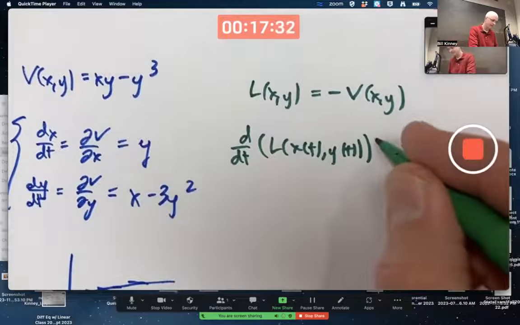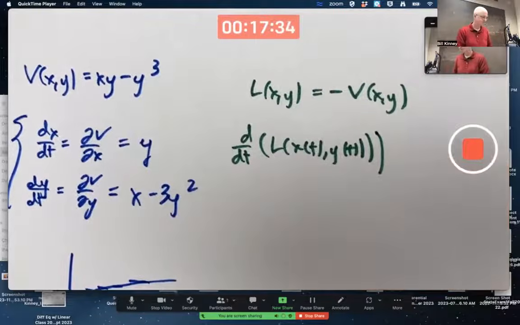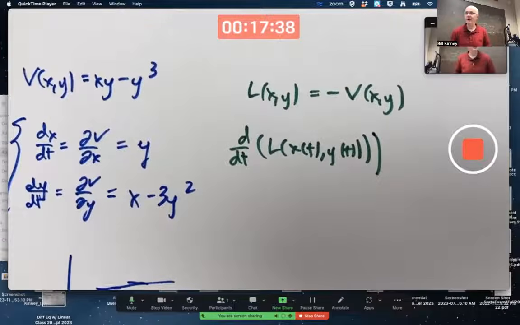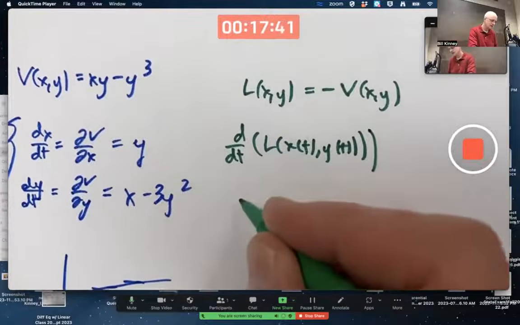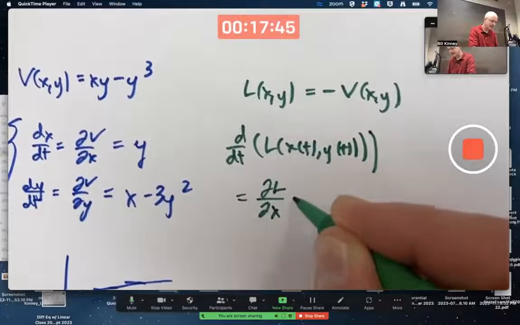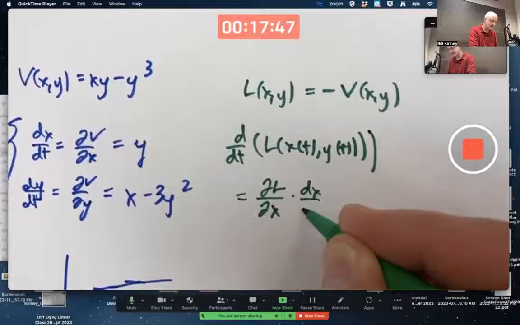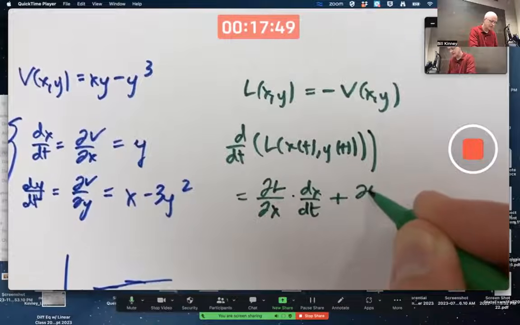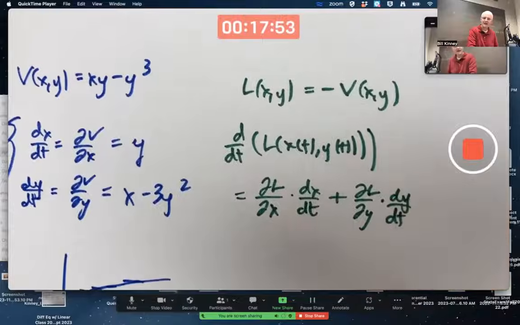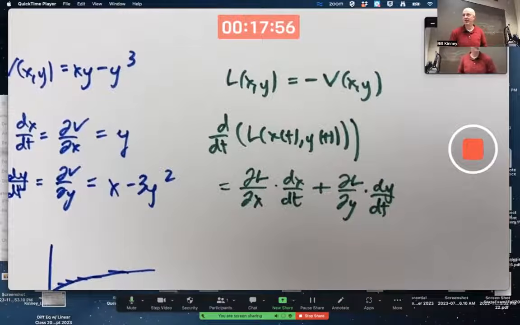To find this derivative, once again, use the multivariable calculus chain rule. Take the partial of L with respect to x times dx/dt plus the partial of L with respect to y times dy/dt. By the way, that can be thought of as a dot product.